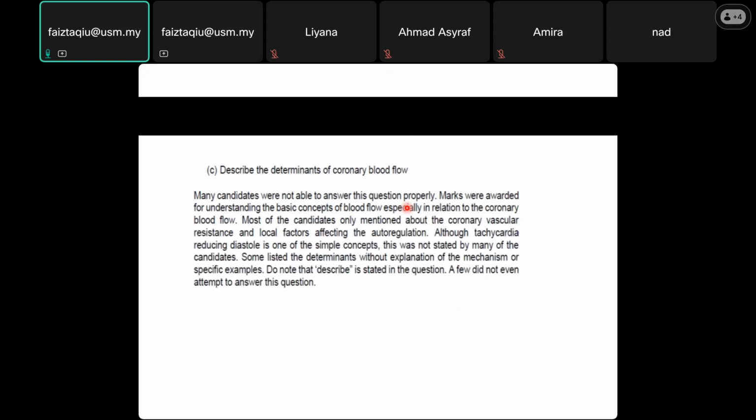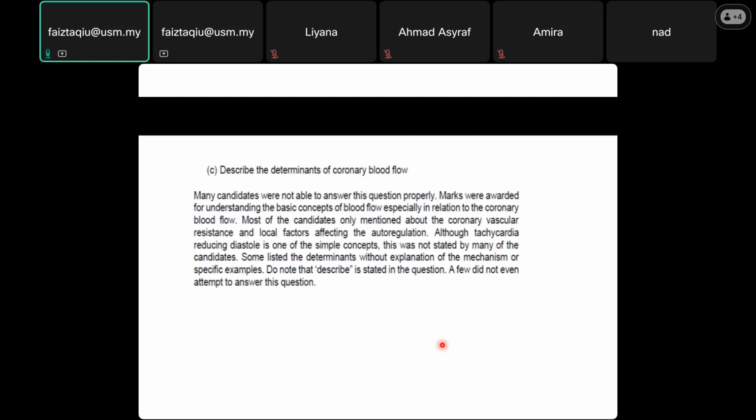The last one is to describe the determinants of coronary blood flow. Many candidates were not able to answer this question properly. Marks were awarded for understanding the basic concept of blood flow, especially in relation to coronary blood flow. Most candidates only mentioned coronary vascular resistance and local factors affecting autoregulation, although tachycardia reducing diastole is one of the simple concepts.